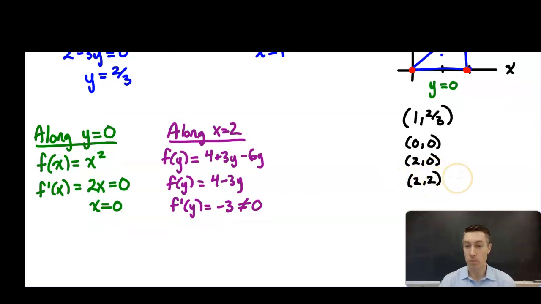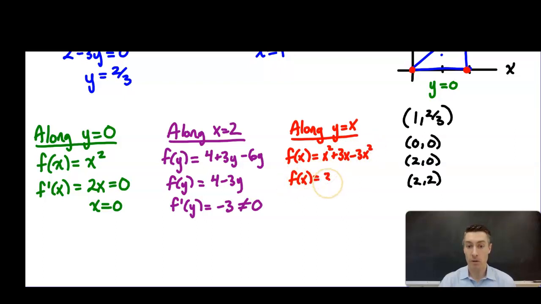So (2, 2). We're building our list of potential points where the absolute max or absolute min is going to occur. One last curve. We're going to go along y equals x. So I'm going to reduce it to a function in terms of x. So that means we have x squared plus 3x minus 3x squared.